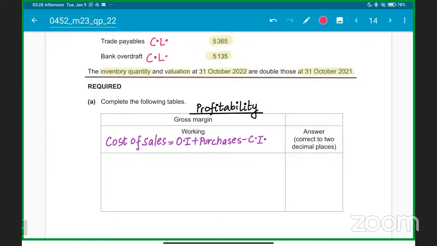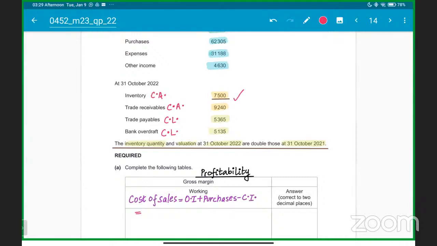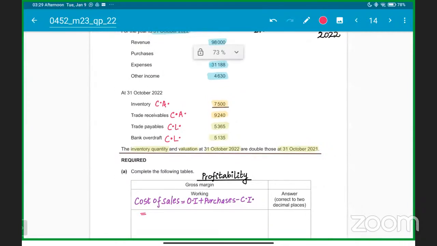Got it? So how much opening inventory do we have? We'll have to figure that out. Okay, getting it, students? So what we have is the closing inventory of 7,500 and the purchases of 62,305. If this is double, which means opening inventory is basically 3,750. Students need to understand that I can easily find out the opening inventory.